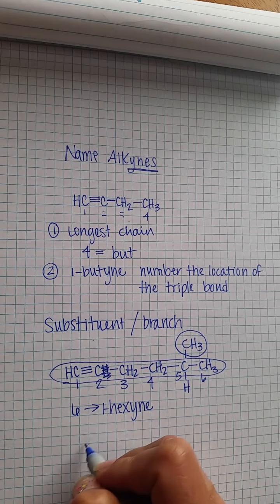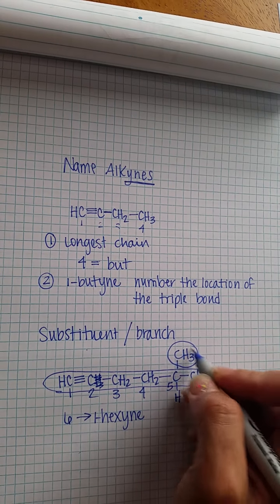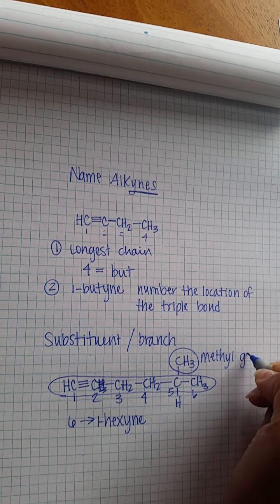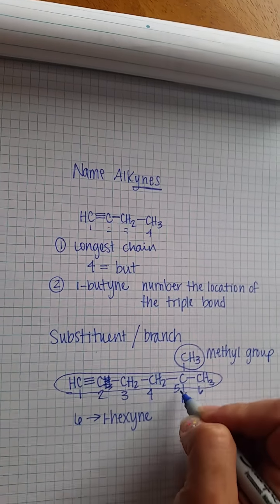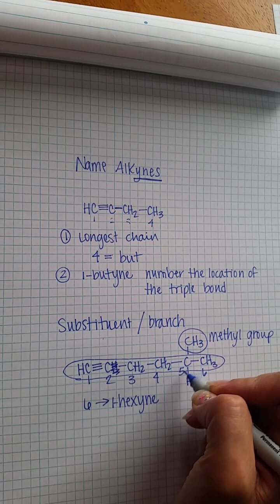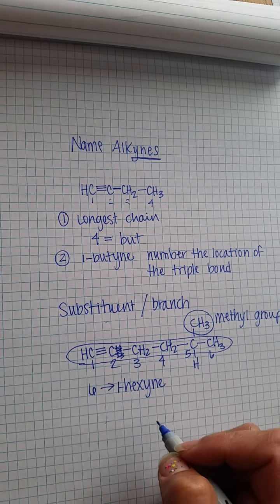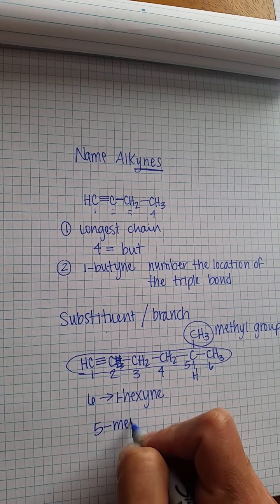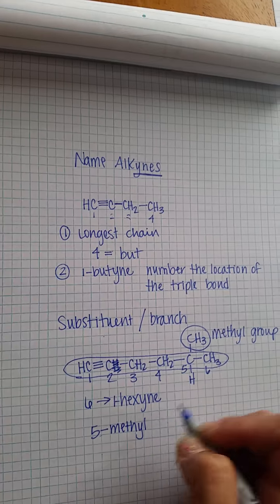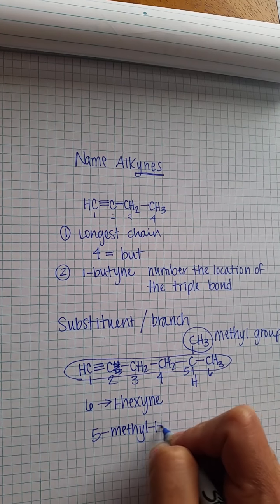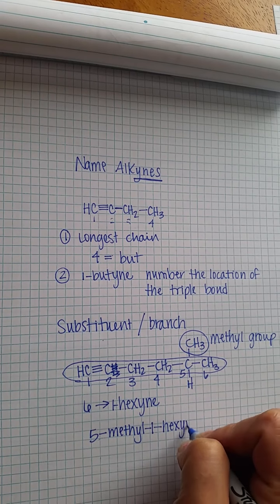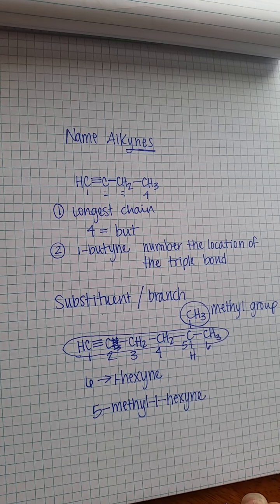So for this one, we've got a methyl group at the 5, coming off of the 5 carbon of the chain. And so we're going to call this then 5-methyl-1-hexyne. All right.